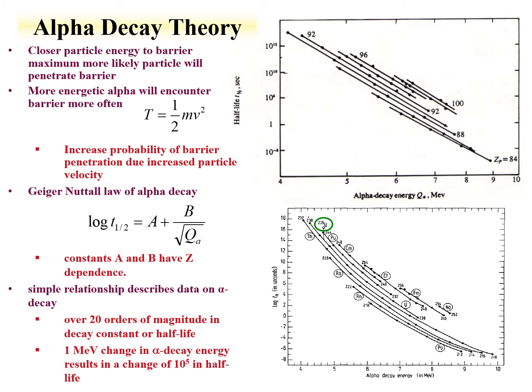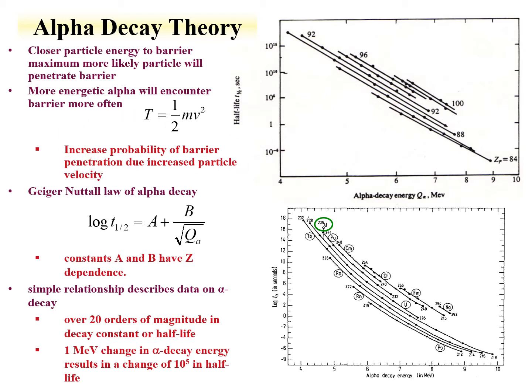Fundamentally, the probability of penetrating a barrier is a consistent factor. The more times I hit the barrier, the more times I can sample that barrier, and the higher the probability in a given unit of time of penetrating that barrier. Since the particle is going faster, it'll hit the barrier more often in a given amount of time. So this also drives the increase in probability of barrier penetration.